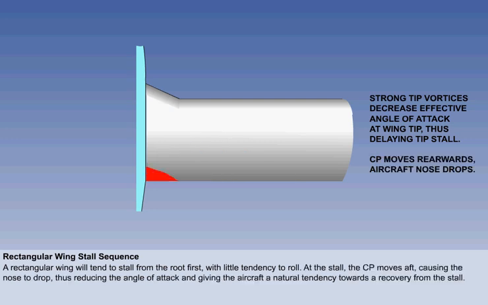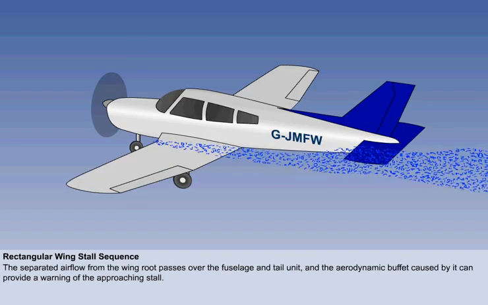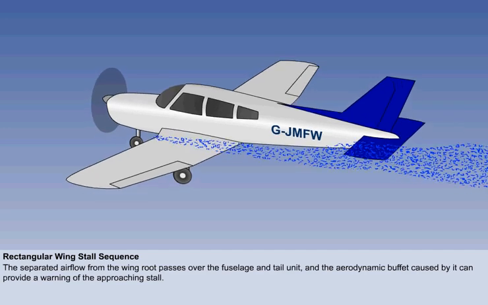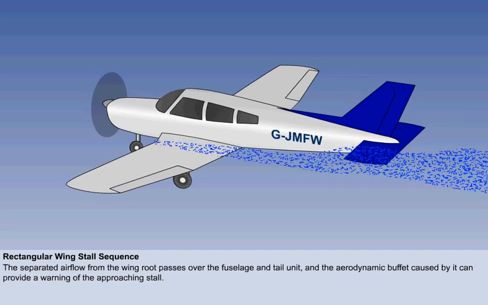As the aircraft stalls, the centre of pressure moves aft, causing the nose to drop, thus reducing the angle of attack. This gives the aircraft a natural tendency towards a recovery from the stall. The separated airflow from the wing root passes over the fuselage and tail unit, and the aerodynamic buffet caused by it can provide a warning of the approaching stall.